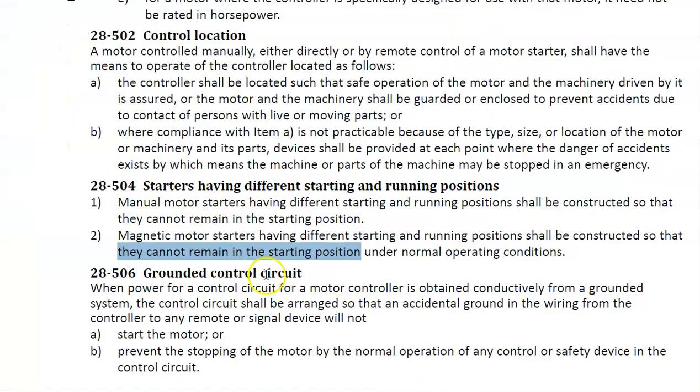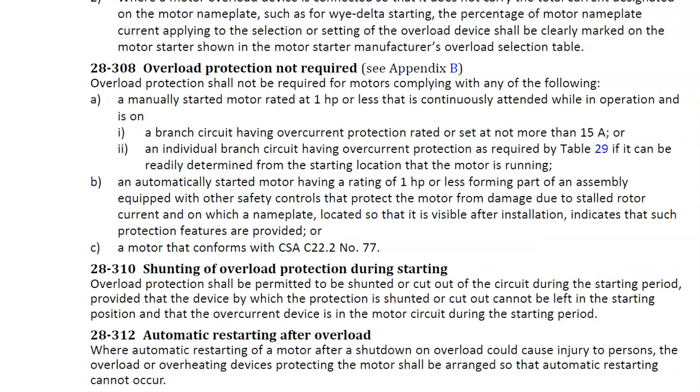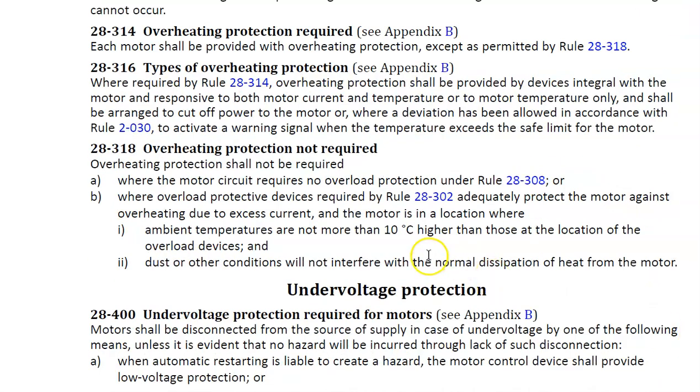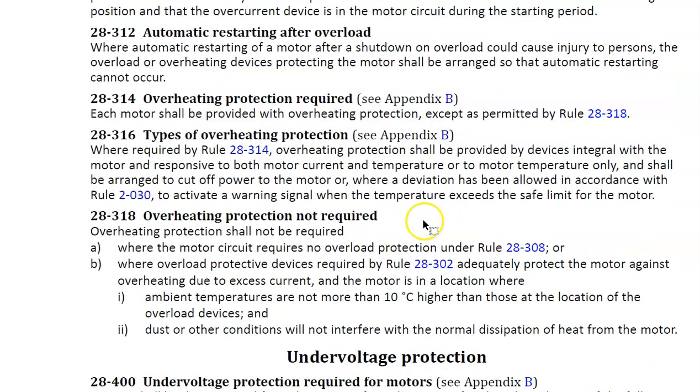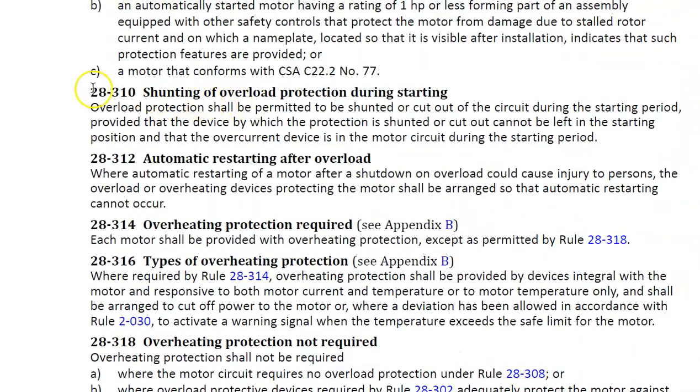The other thing that the code tells us about is going to be in our overloads. Overloads, oh, I just went past it there. 28.310, shunting of overload protection during startup. It says that overload protection, this is where we protect from having too much inrush, from having too much current that's going through the motor due to load.